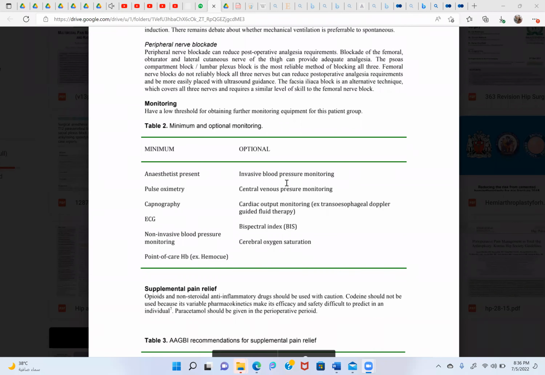This can help you. Cerebral oxygen saturation, I don't know, only if there is neurological involvement. But in the exam, in addition to standard 1 and standard 2 monitoring, there will be invasive blood pressure monitoring and cardiac output monitoring.